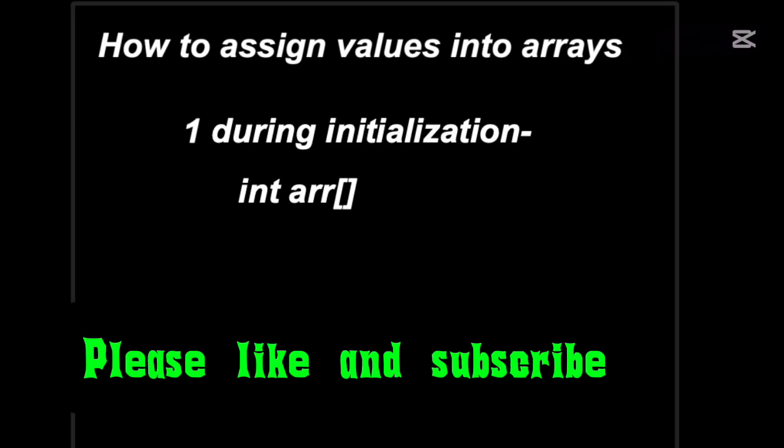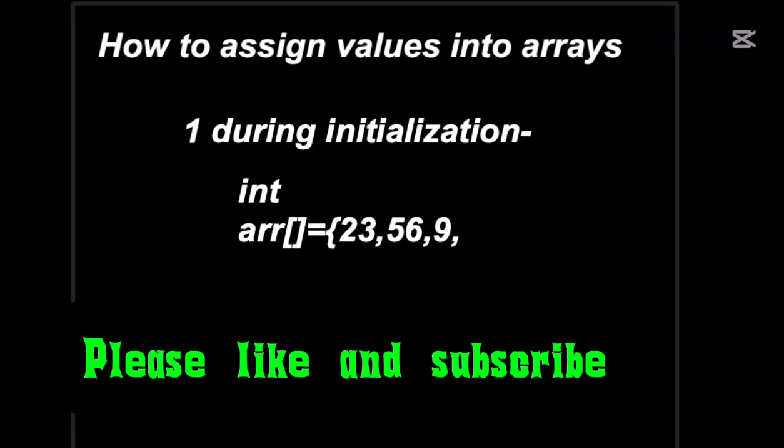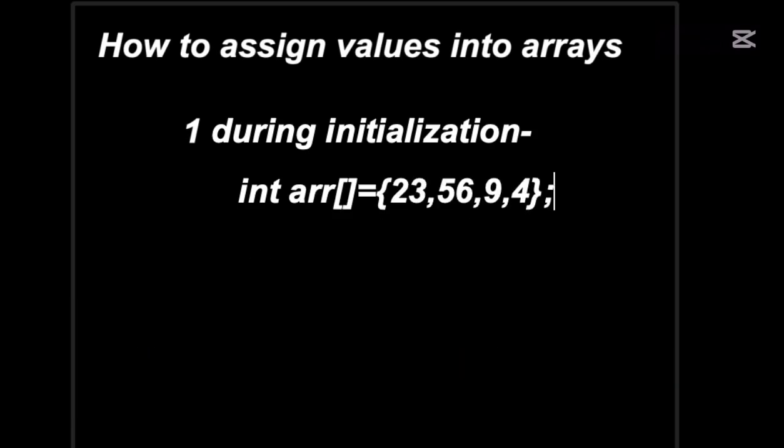Then equal to, and we normally use this curly bracket, and I need to indicate the values I'm trying to assign. Let's say I'm trying to assign 23, 56, 9 and 4. So I'm going to close the bracket and end with a semicolon because that's the end of the statement.